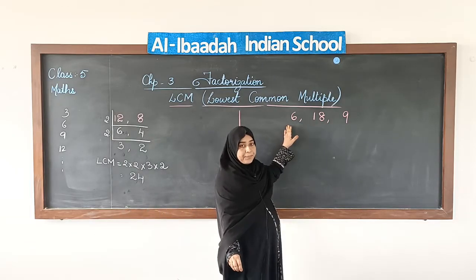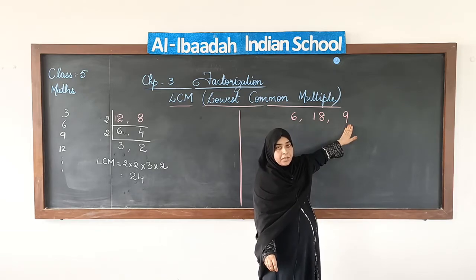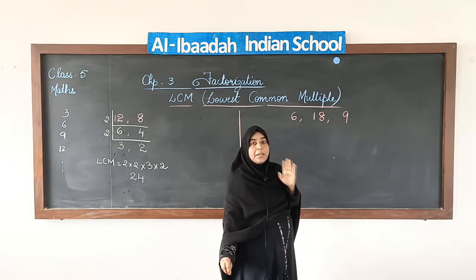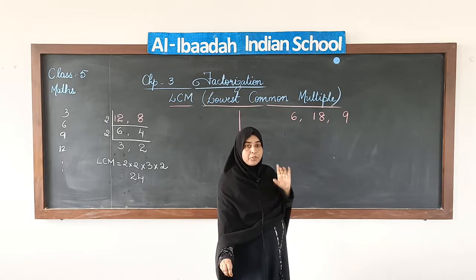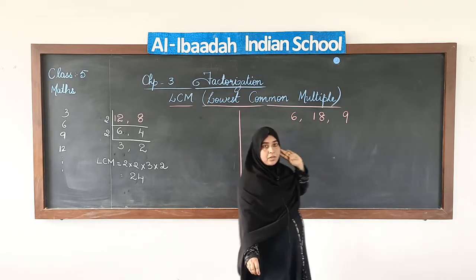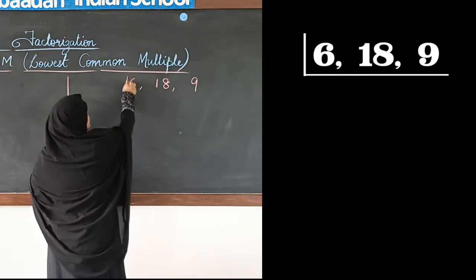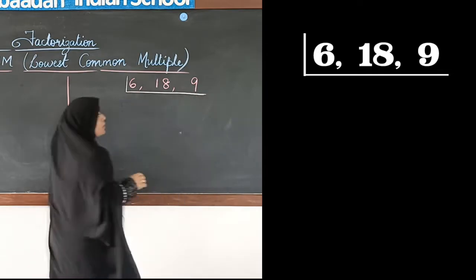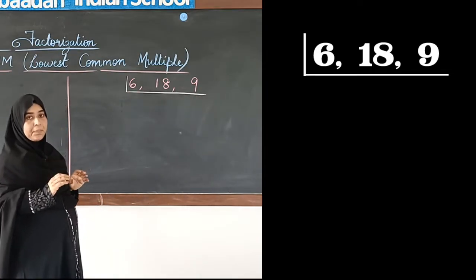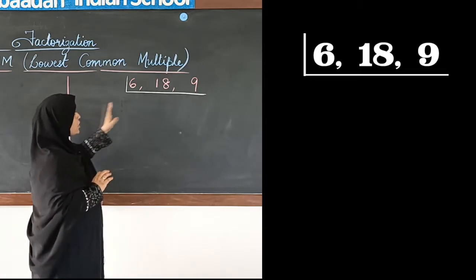The method is the same. We are going to divide all the 3 numbers at a time with a common prime factor, a prime number which should divide all the 3. All 3 are composite numbers, right. So first we need to find a prime number which will divide all the 3.